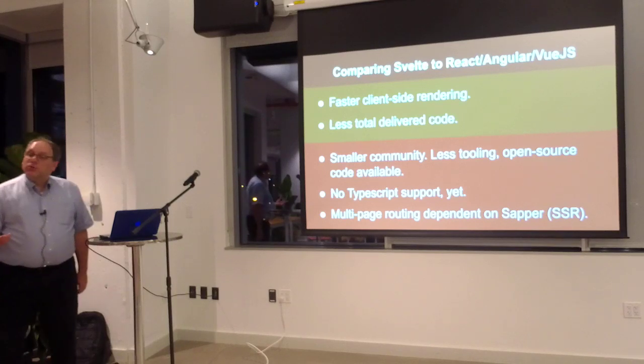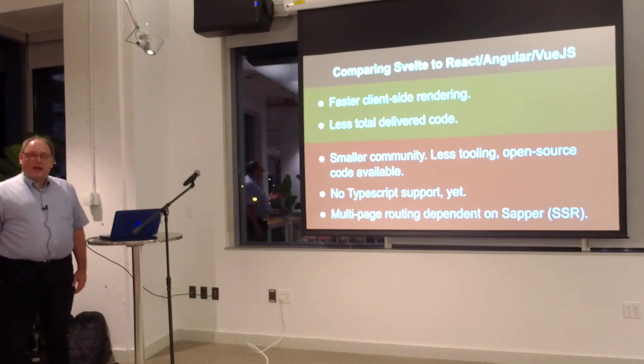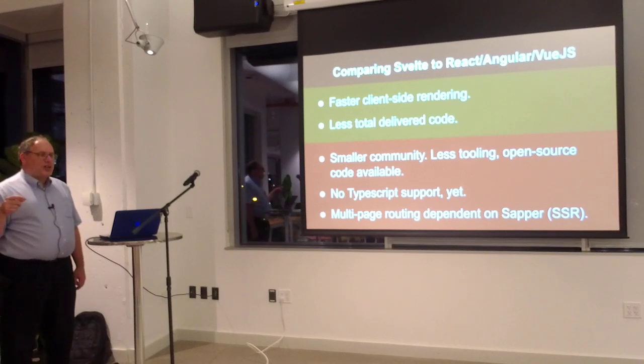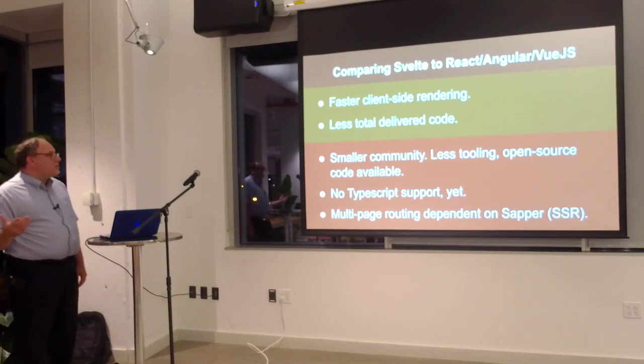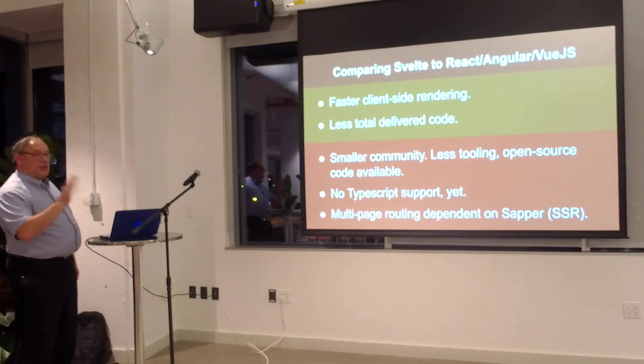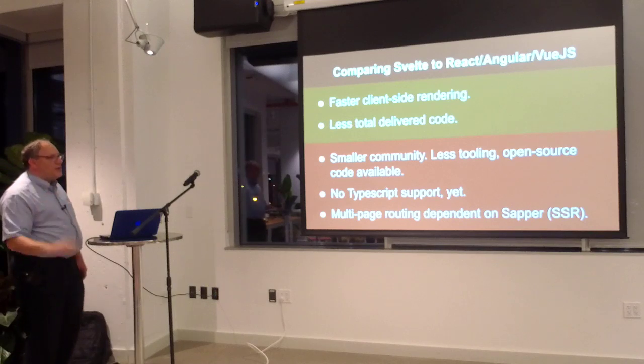But if you want that proof, there are a number of speed test metric comparison websites that build the same project like 50 different ways, and they measure the time it takes to update the DOM. Svelte is blisteringly fast in those comparisons. So that's good. Maybe that's important, maybe it's not.